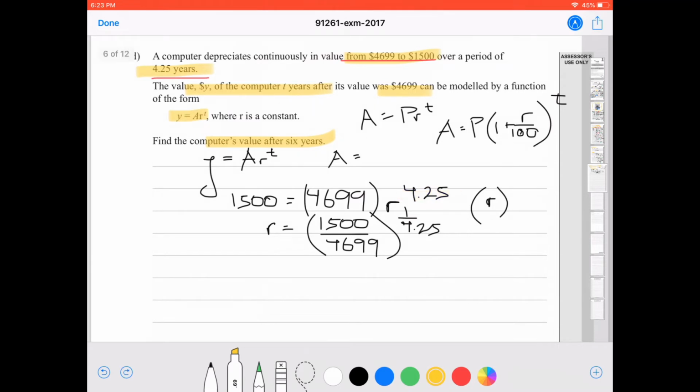Obviously you want r by itself. You could also say the 4.25 root of all this. Either way, what have we got? Okay, 1,500 over 4,699.